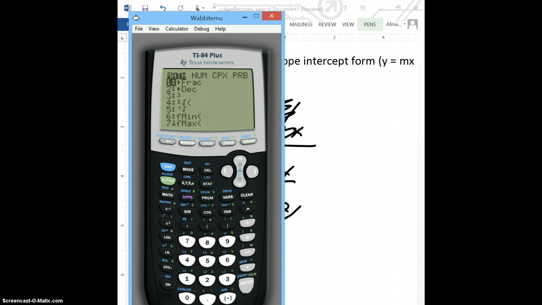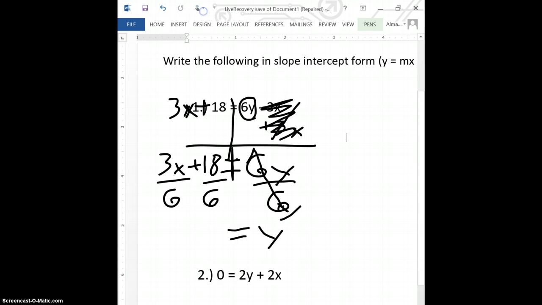If I convert that into a fraction by pressing math and enter twice, I see that 3 divided by 6 is the same thing as 1/2. So I have 1/2 x plus 18 divided by 6 is 3. So I have plus 3.